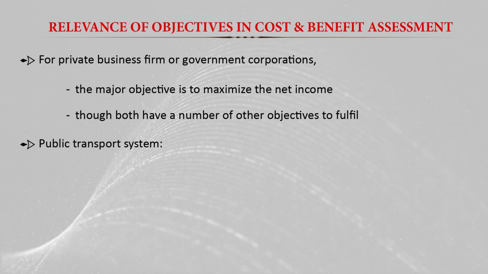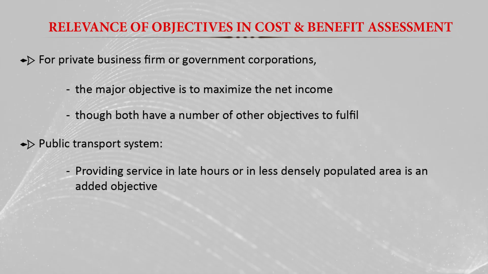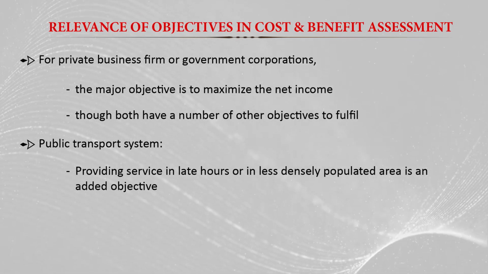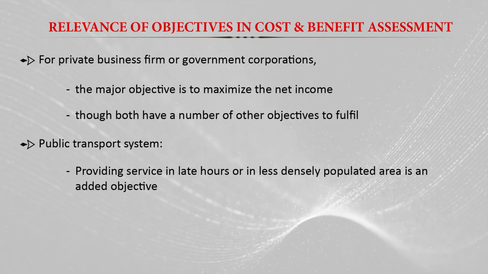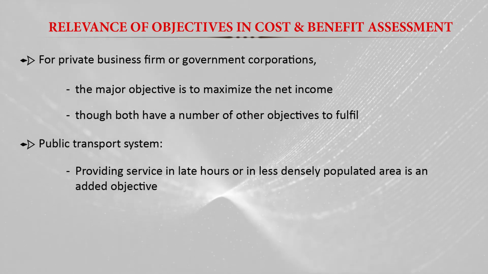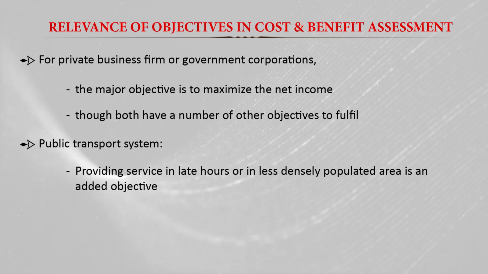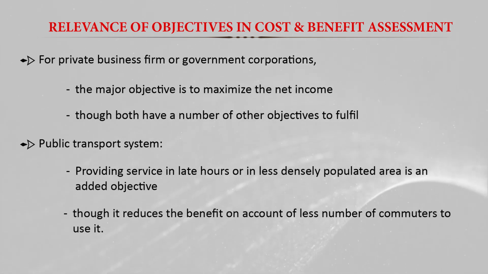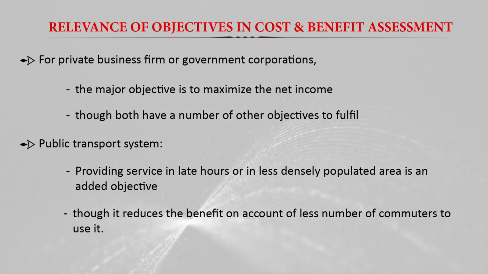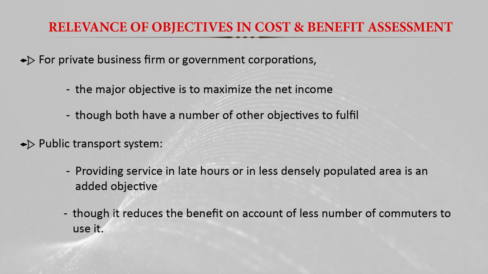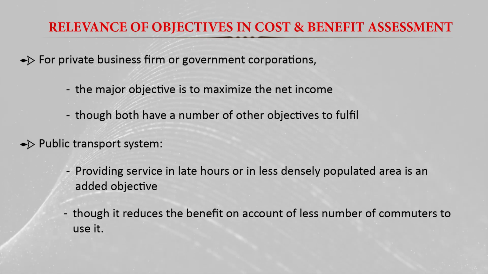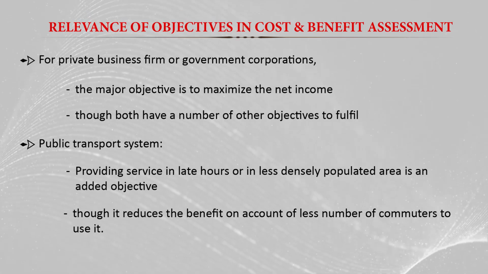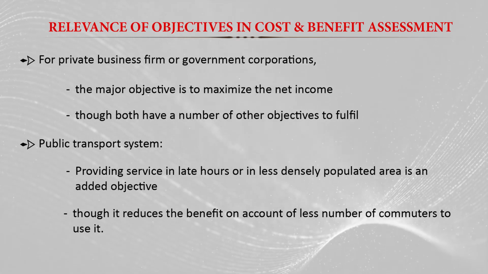When the public transport system provides services in late hours or in less densely populated areas, that is an added objective, because they are providing services where no transport system is available, though it reduces their income. In the new area or in late hours, fewer people commute by the transport system, so it reduces their net income, but this is an added objective for them.